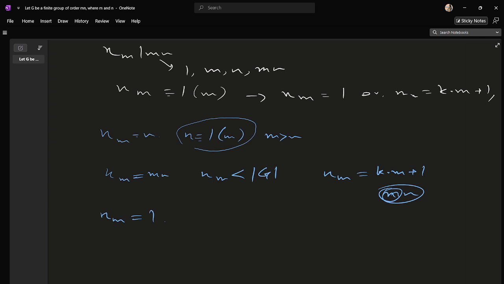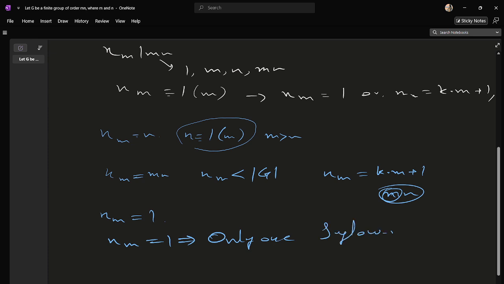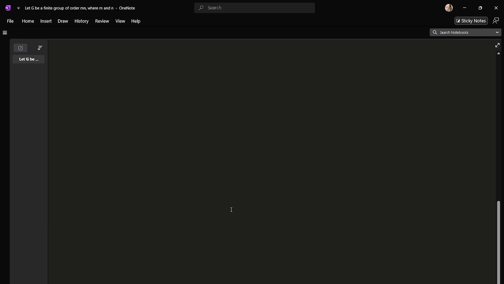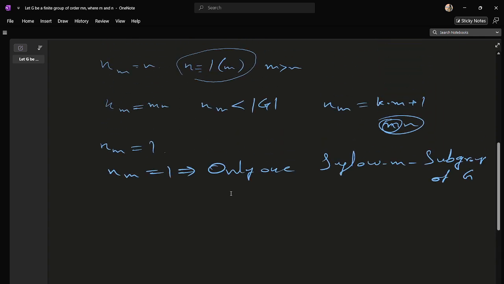So since n_m is equal to 1, we have only one Sylow m-subgroup of G. As we can see, n_m is the number of Sylow m-subgroups, and the only possibility of n_m is 1.